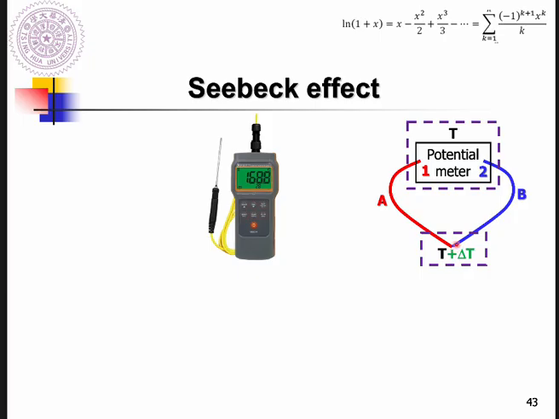We use this junction to measure the temperature. And this will be environment temperature plus delta T. And this is material A, and material B. So this is the thermocouple.